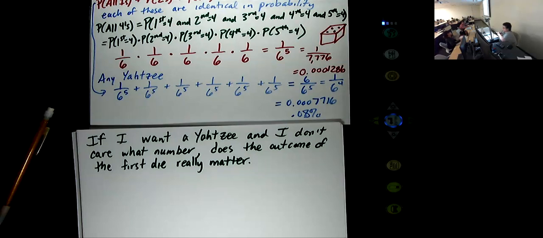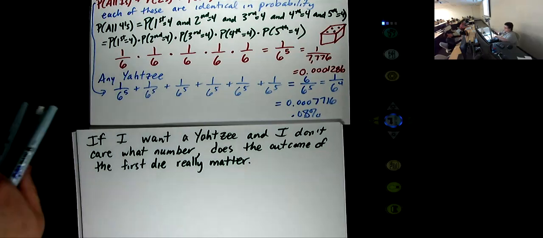There's a shorter way of doing all that probability, because this was two big equations that we just did. If the first die I roll is a 4, I don't want any other number but 4 on the other dice. It doesn't matter what the first die is. If it lands on a 6, I don't want anything but a 6 on the other dice. So the way the first die lands doesn't matter.